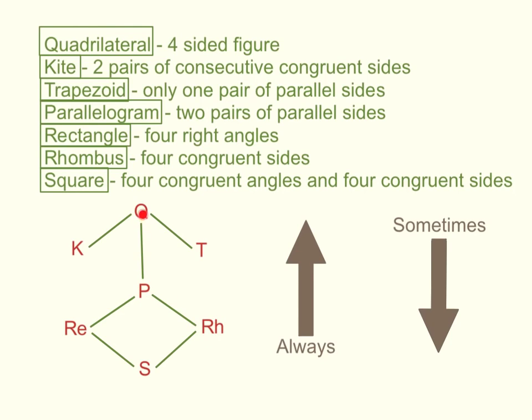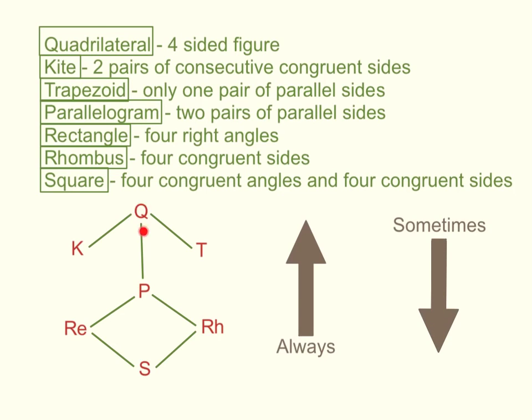Rhombuses are always quadrilaterals. Rectangles are always parallelograms. Rectangles are always quadrilaterals. Kites are quadrilaterals. Trapezoids are quadrilaterals, and parallelograms are always quadrilaterals. So as you go up the chart, it's always true. As you go down the chart, it is sometimes true.